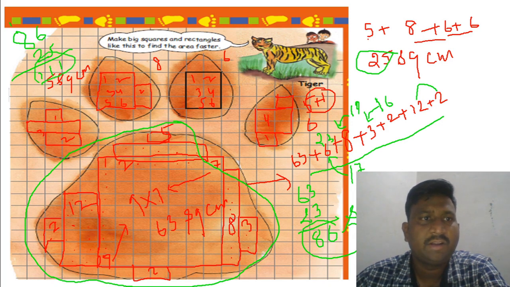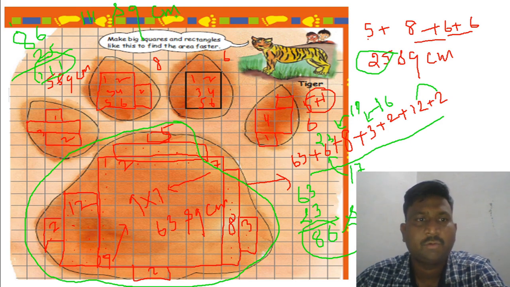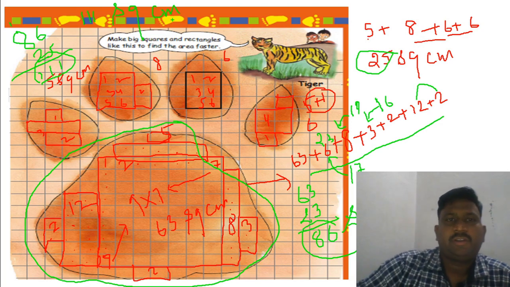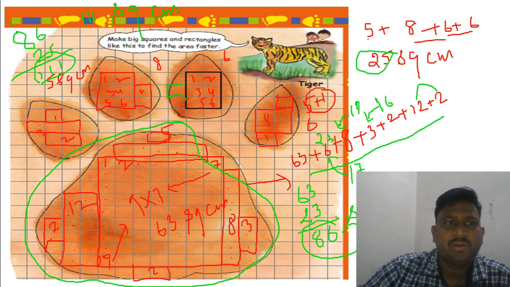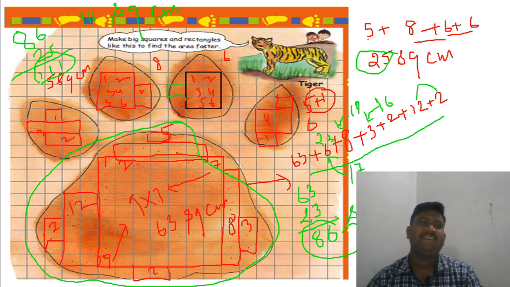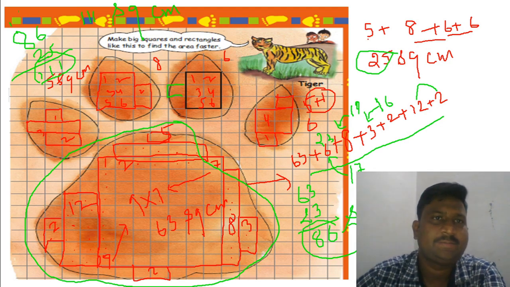So 111 square centimeter. Okay. So what you can do, you can also see some more complete squares like this, and its area can be more. So I have taken exactly square, so area is this much.